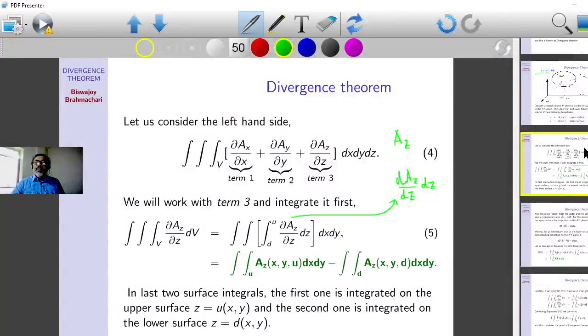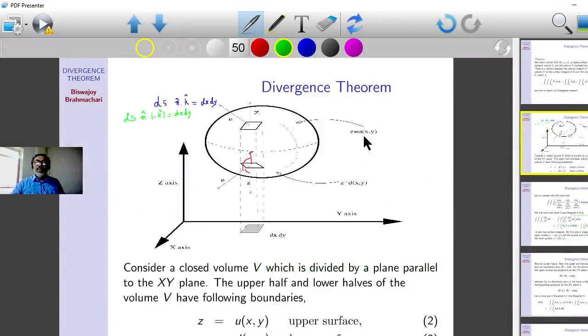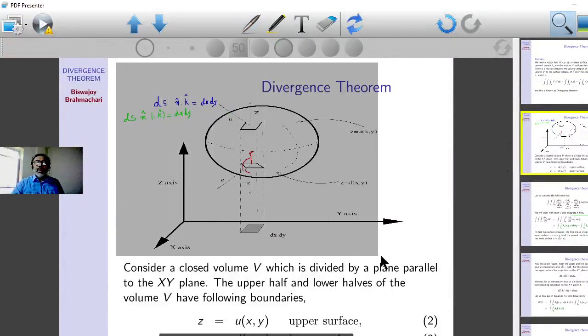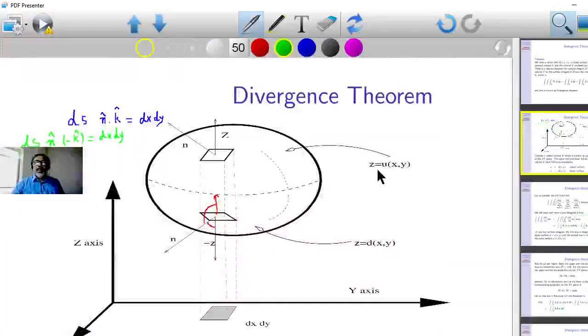In the upper half z equals u(x, y), and in the lower half z equals d(x, y). In the upper half, if we look at the picture, the limit of z is u(x, y), and in the lower half the limit of z is d(x, y).